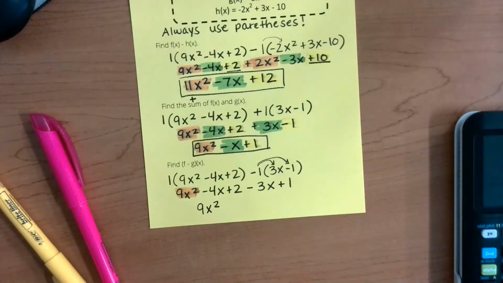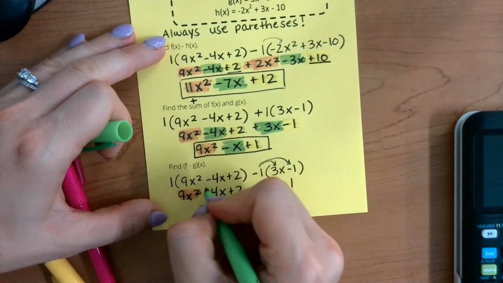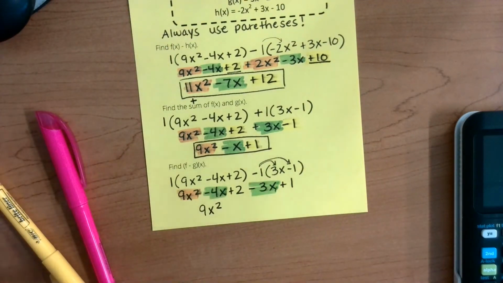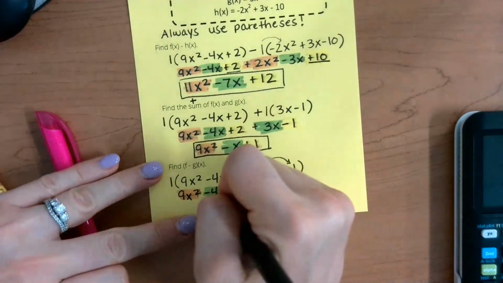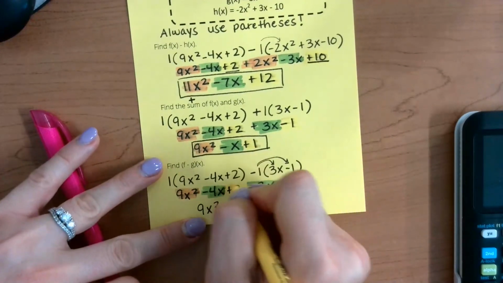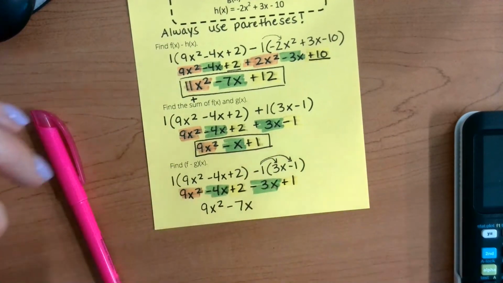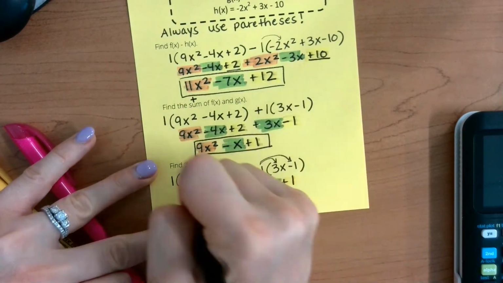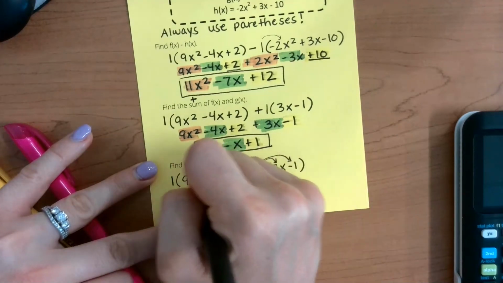Negative 4x and negative 3x. And then that would equal negative 7x, and then 2 plus 1 would be 3, plus 3. So this would be our answer.